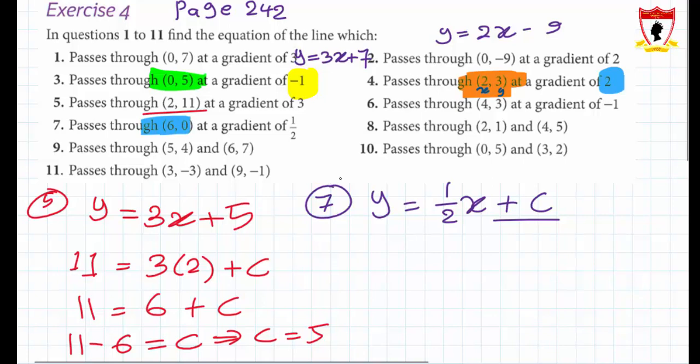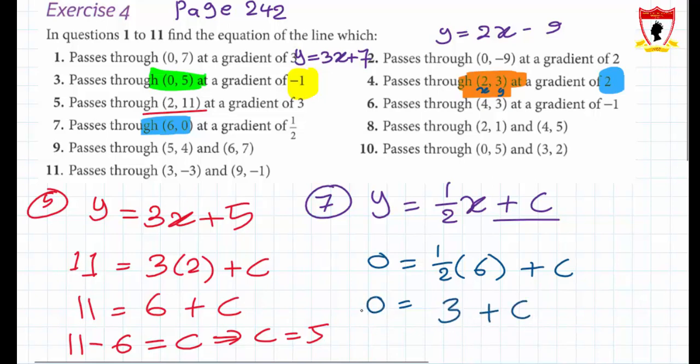Then we're going to put 0 in place of y and 6 in place of x. 0 equals 1 over 2 times 6 plus c. 1 over 2 times 6 is half of 6, which is 3, plus c is equal to 0. 0 is the value of y given in the point. Then 3 plus which number will be 0? Of course, negative 3. It means the value of c is equal to negative 3.